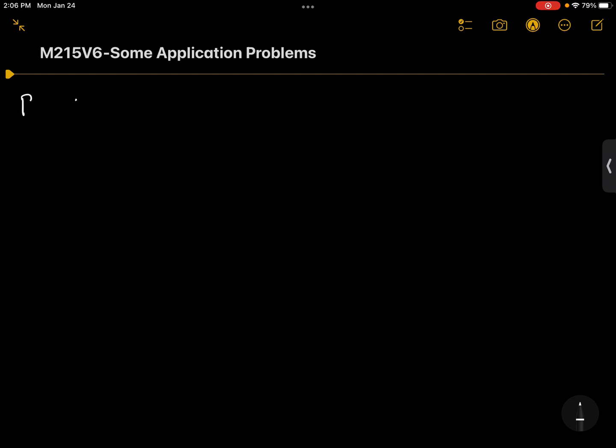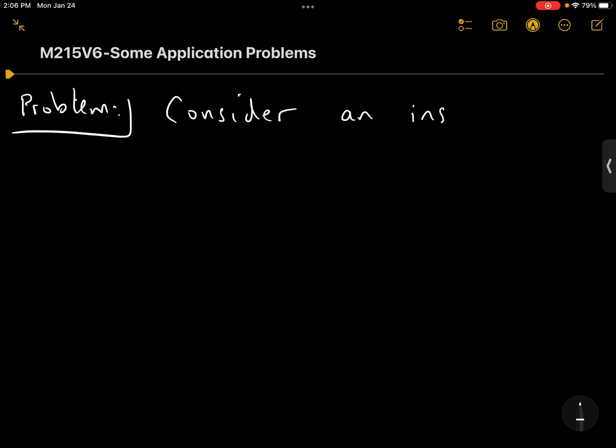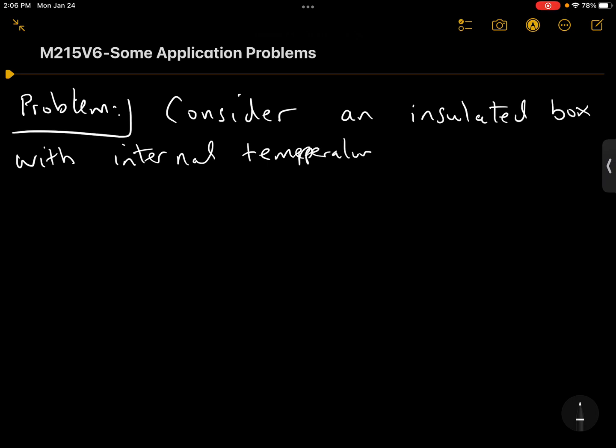So here's a problem. We're going to consider an insulated box with internal temperature U of T. Okay.